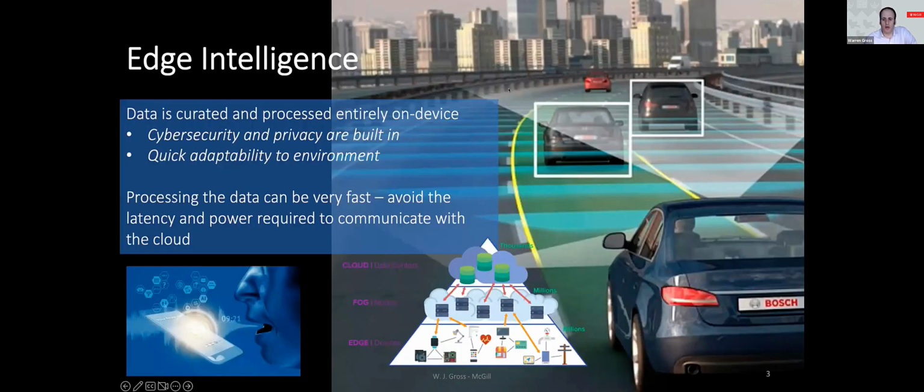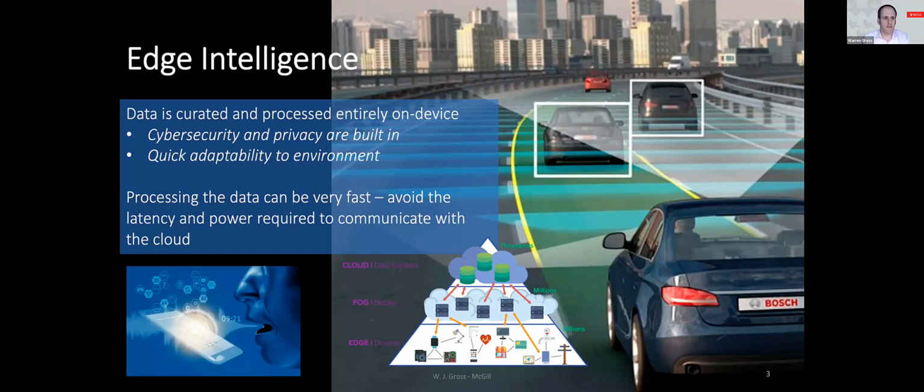So what we're focusing on in our lab is edge intelligence broadly, so bringing AI and machine learning to resource-constrained edge devices. And in particular, we're very interested in on-device learning. So why are we pursuing this? I think the other speakers had some good introduction to this topic.